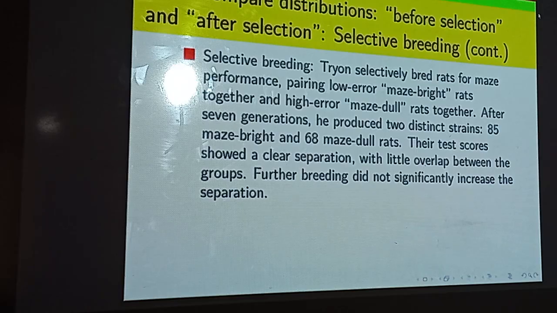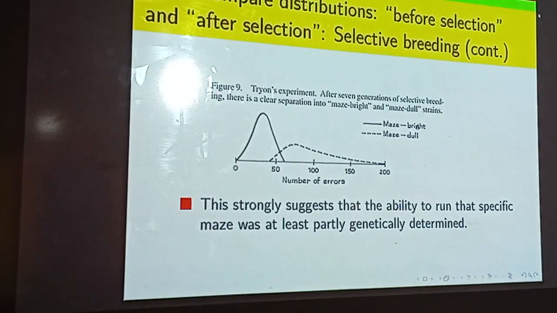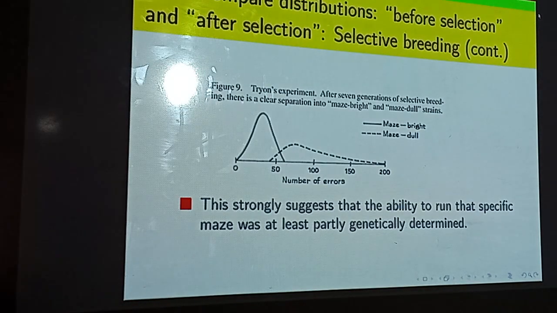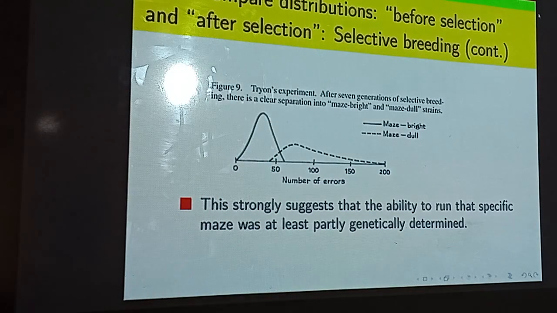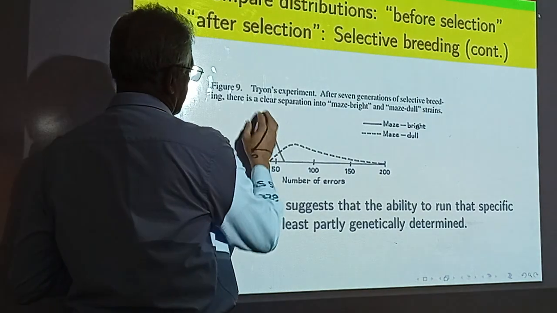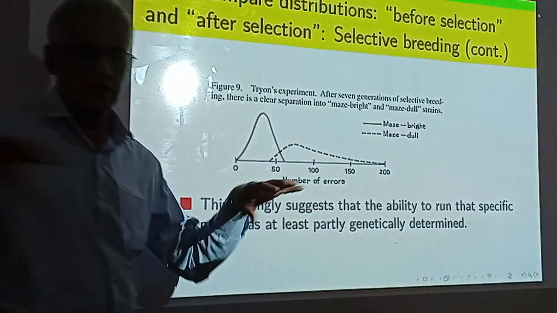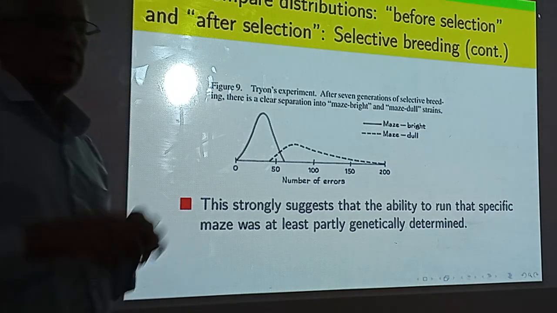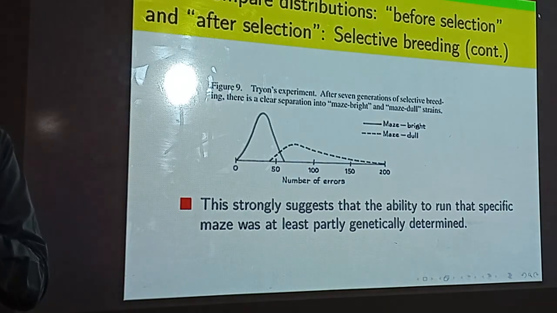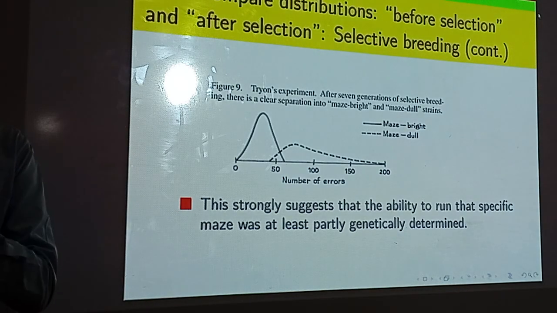So after 7 generations, he produced 2 distinct strains, 85 maze bright and 68 maze dull rats. Their test scores showed clear separation, right? This was at the beginning. Now, after seven breedings, they have clearly separated distributions. But in all these situations they were only running the maze.